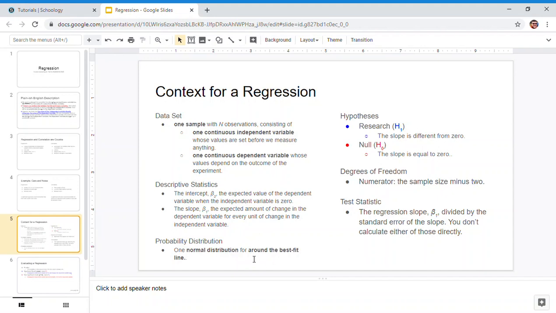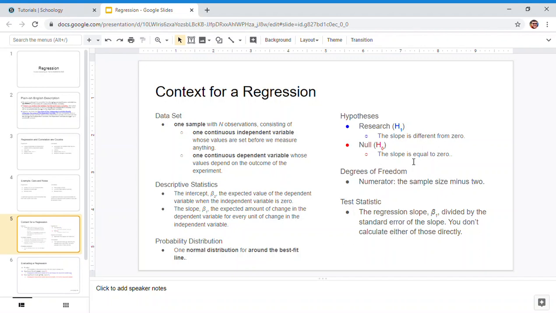And so what we're expecting to see is a normal distribution around the best fit line. So as you go up, there's a normally distributed amount of noise around where the line thinks the best guess is going to be. So our research hypothesis is that the slope is different from 0. So it's usually a two-tailed hypothesis. It's almost always a two-tailed hypothesis. And the slope is equal to 0 is our null hypothesis.